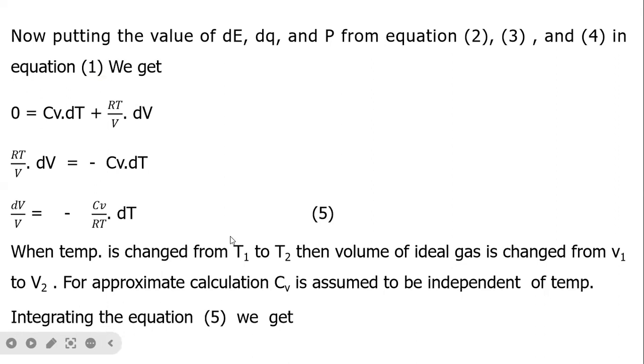When the temperature changes from T1 to T2, then the volume of the ideal gas changes from V1 to V2. For approximate calculation, Cv may be assumed to be independent of the temperature.